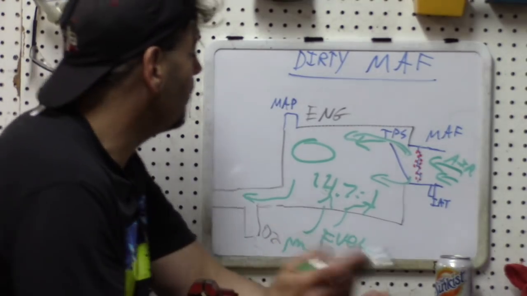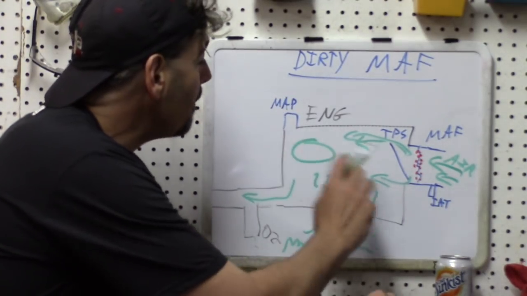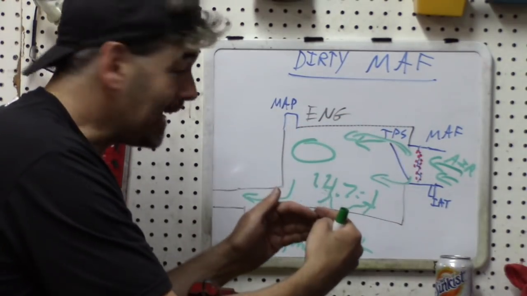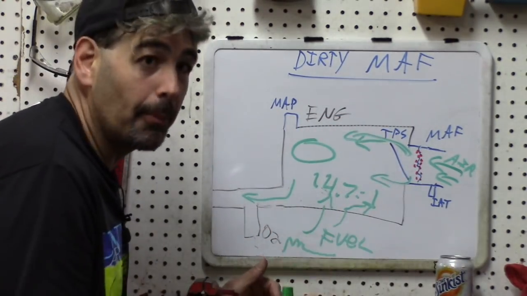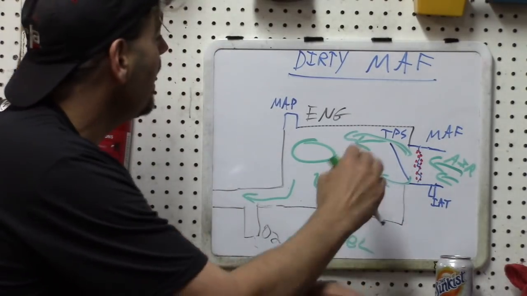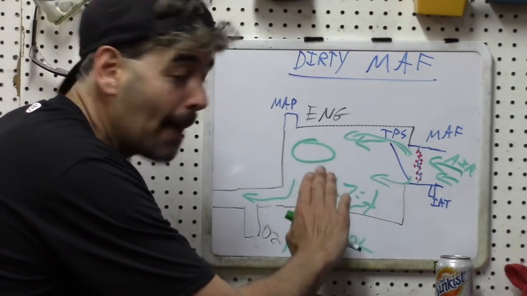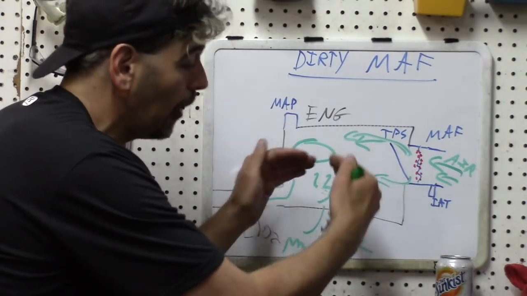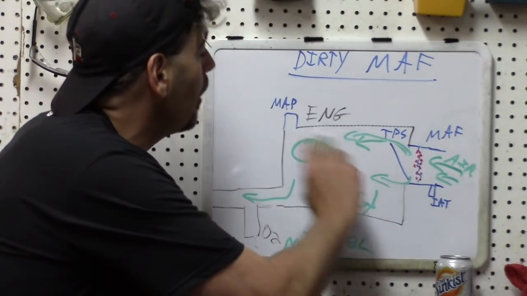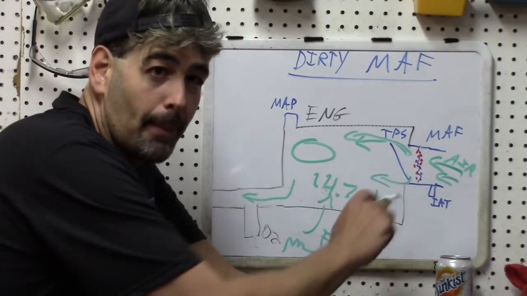Now the problem is that your MAP sensor and your throttle position sensor are going to be in agreement with each other pretty much, because the amount of throttle position opening is going to of course affect your MAP reading, and we've already seen videos where those talk to each other. So in one way or another, most likely this is going to point to a MAF code.